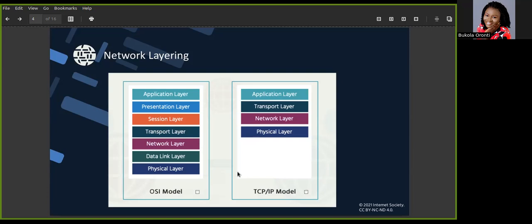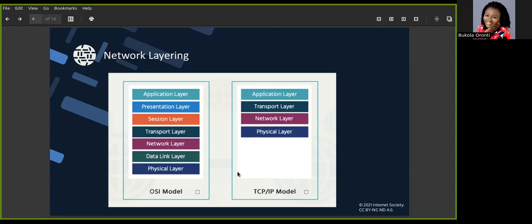Now the last one, directly under the data link layer, is the physical layer, which is known as the first layer. The physical layer is the layer that defines the physical transmission media over which signaling occurs. Examples of physical media are wires of all types, the cable, the fiber optics, the copper cable, and the likes.